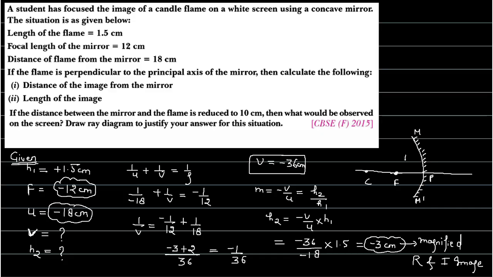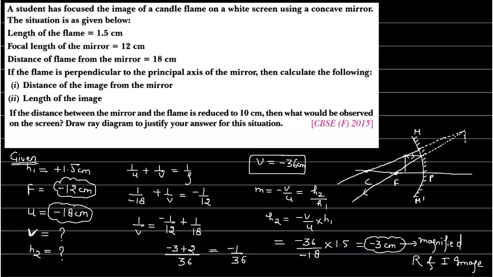You can show it with the diagram also. Let's suppose an object is placed like this. The first ray you will pass like this, it will pass through focus, and second, if you want, you can pass it through the center of curvature. If you extend it behind the mirror, you will look at it like this.